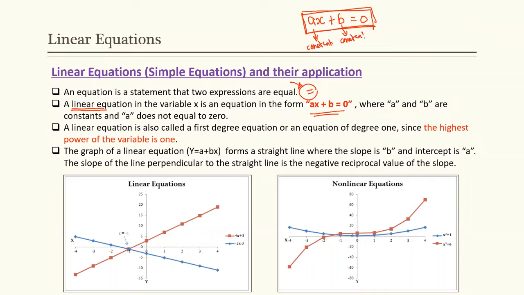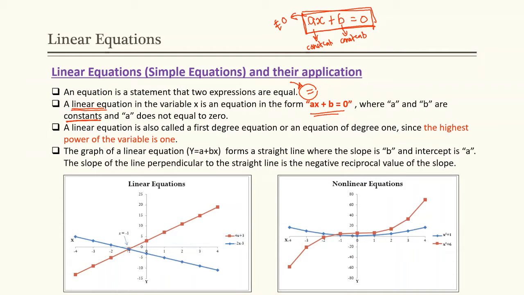What do you mean by constants? The a and b values should be constant. It means they should take a particular number. It can be 8, 12, 10,000, 500, whatever it is. And a should not be 0. What happens if the value of a is 0?